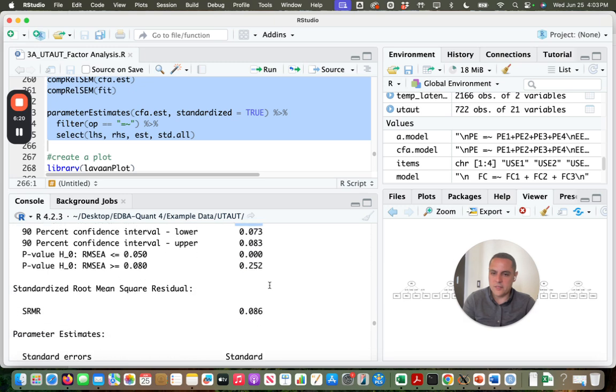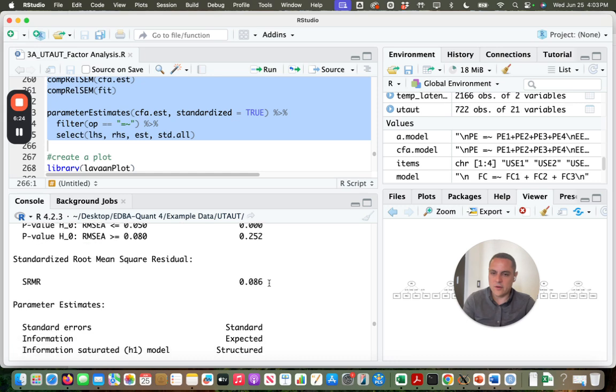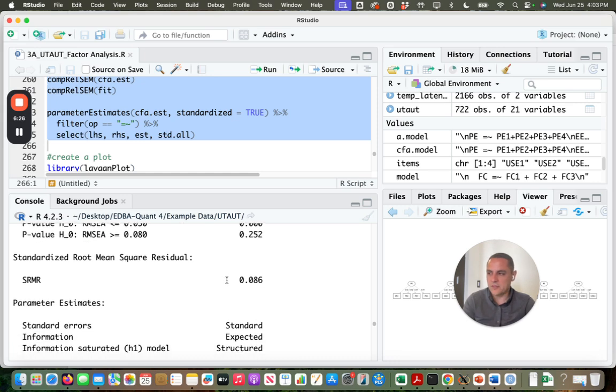And you also see the SRMR, that's at 0.086. Less than or equal to 0.08 is good. Less than or equal to 0.10 is marginal.